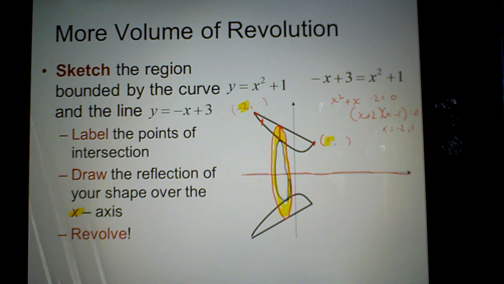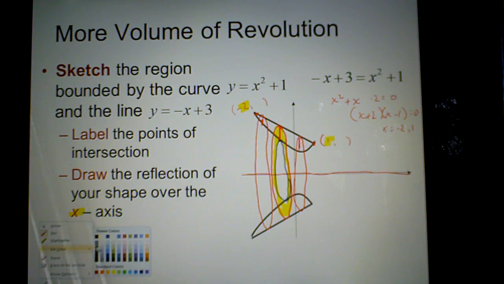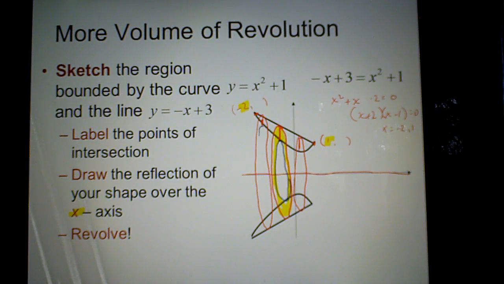Strip, spin, spin. A whole bunch of lifesavers.